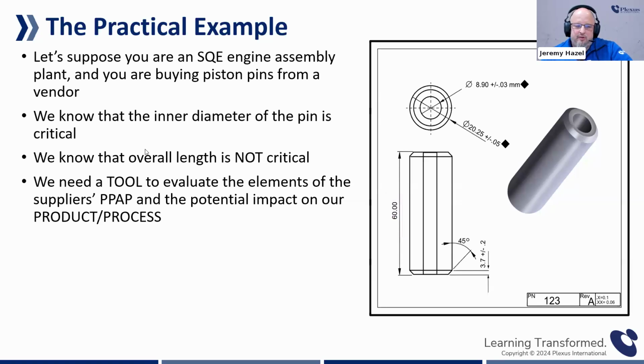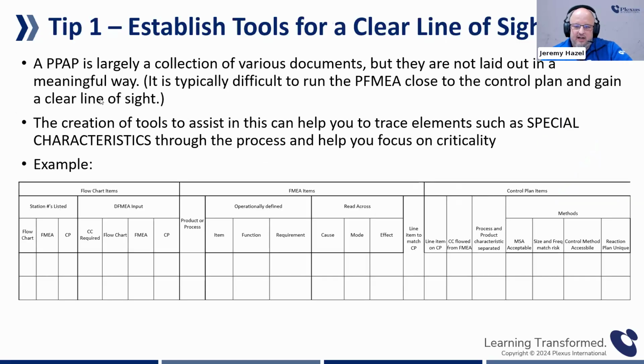So the tool that we're going to be using to do this review of the PPAP is what we call the line of sight tool. What this tool is going to do is look at some of the documents. It's going to be walking through and looking at the interconnectedness of things.